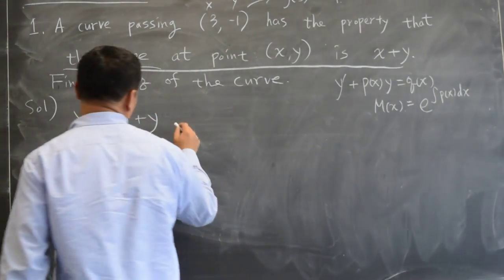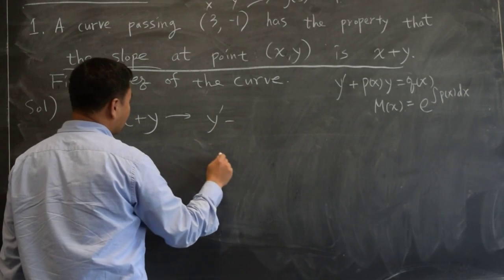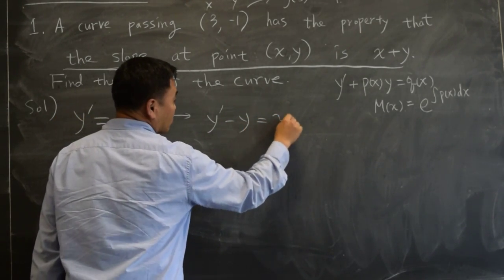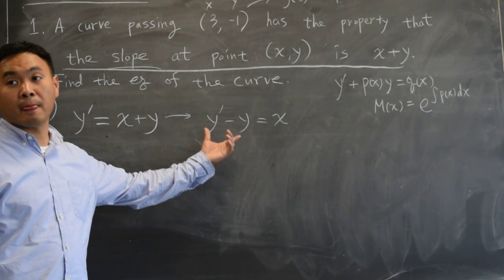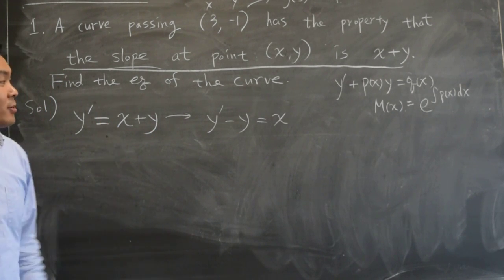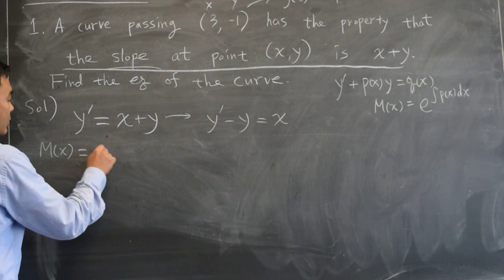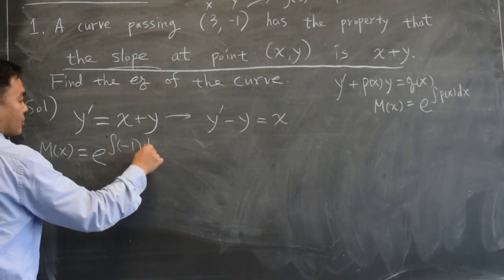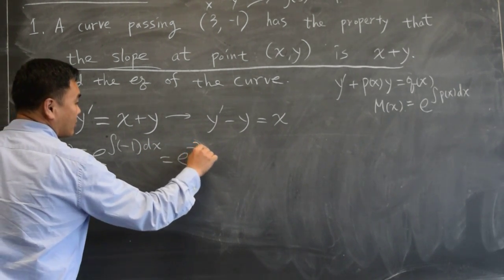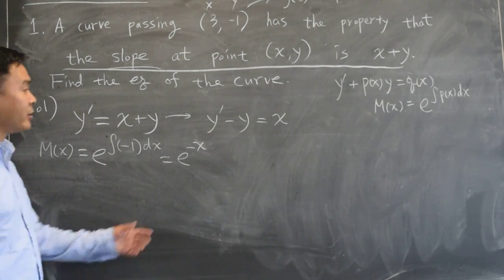In order to use that, we first change this into y prime minus y equals x. In this case, what's p(x)? -1. It's a constant function, right? So we can compute m(x) as e to the integral of -1 dx, which is e to the negative x. And what do you do after you find the multiplier?